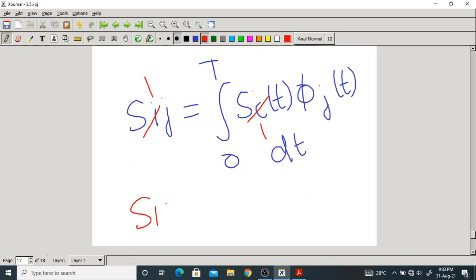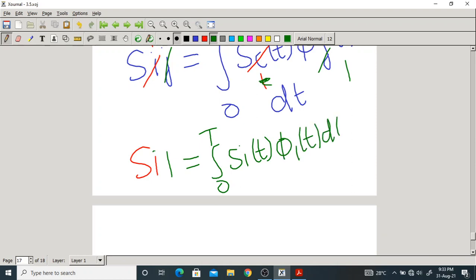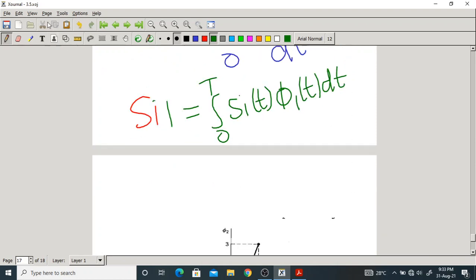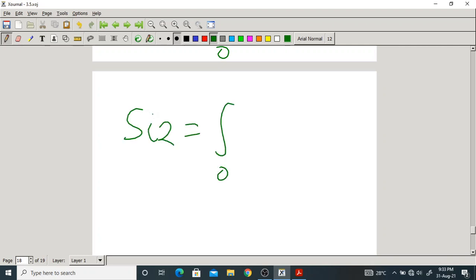Here I'm asking for j equal to 1. So what is Si1? J equal to 1 means the integral from 0 to T of Si of t phi 1 of t dt. In the same way, how to get Si2? Obviously, the integral from 0 to T of Si of t phi 2 of t dt.